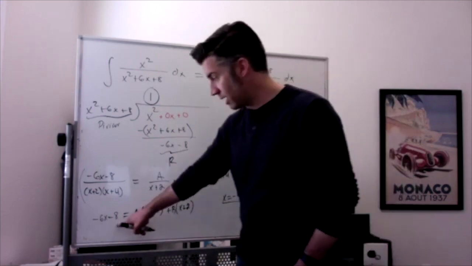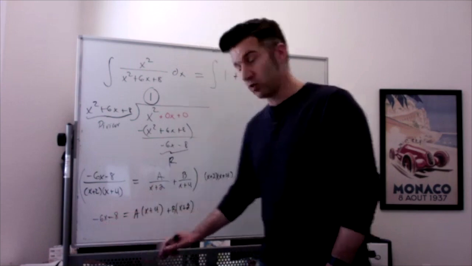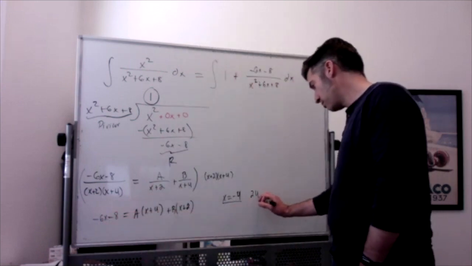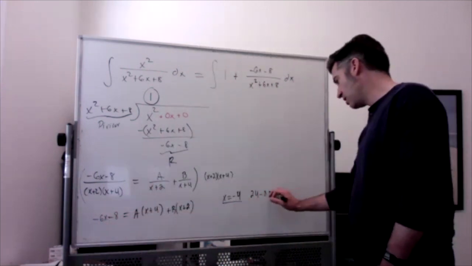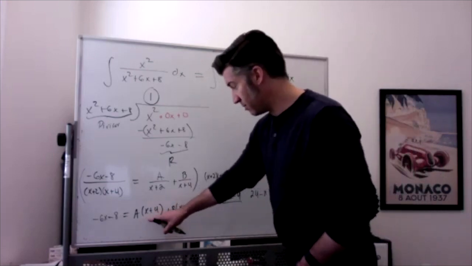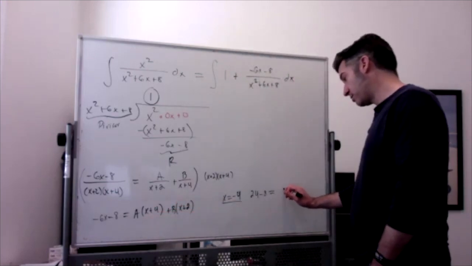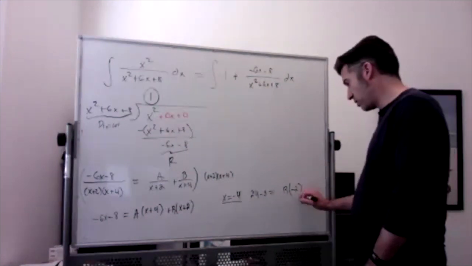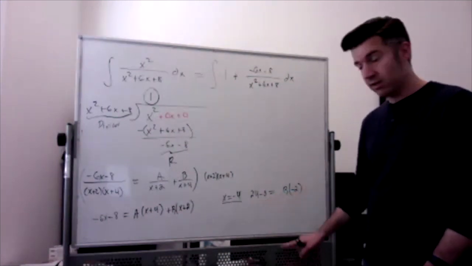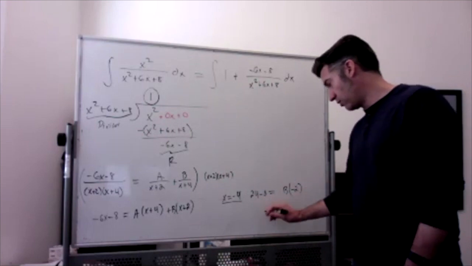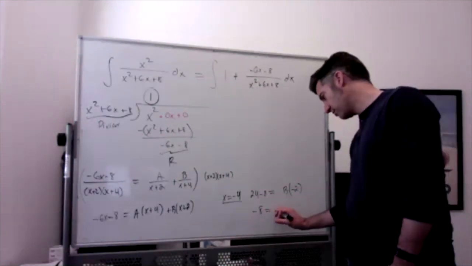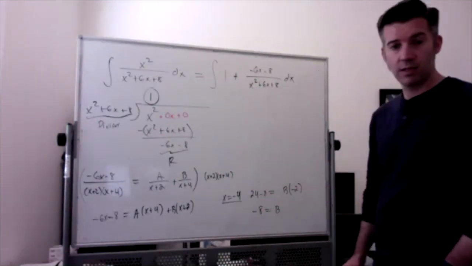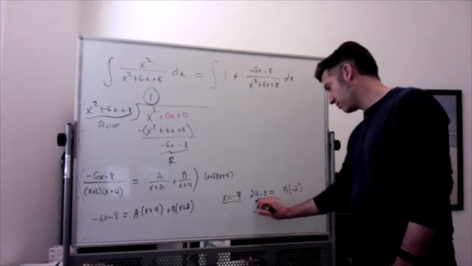On the left-hand side, -6 times -4 is 24, minus 8 equals a times 0 plus b times -4 plus 2, which is -2. 24 minus 8 is 16. 16 divided by -2 is -8. So b is going to equal -8.